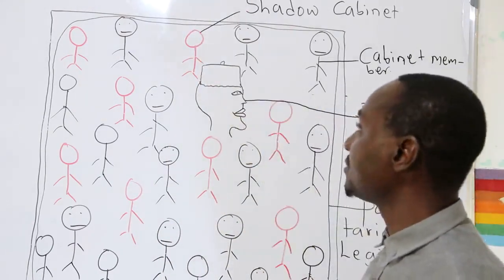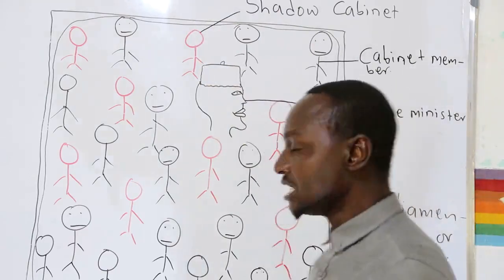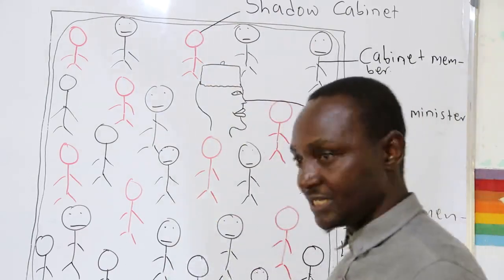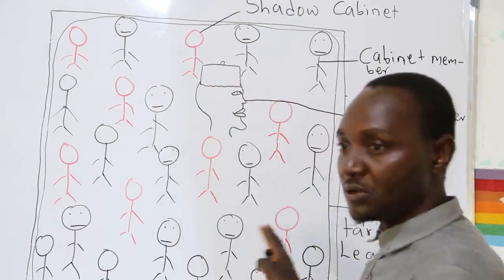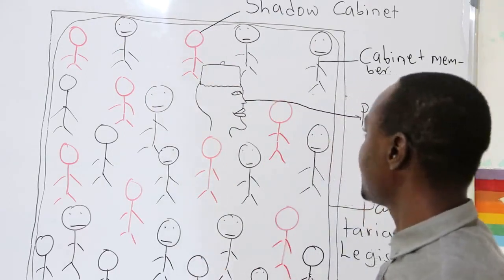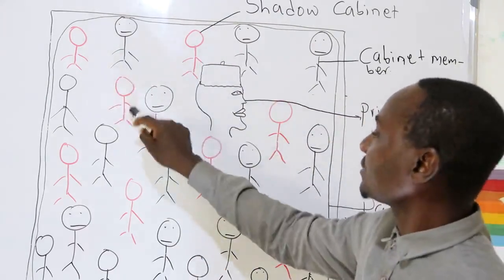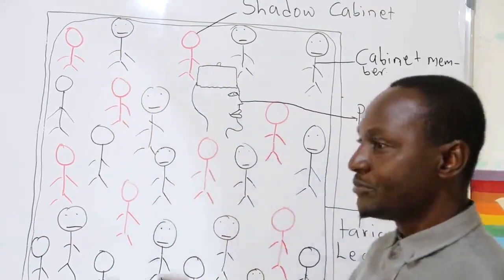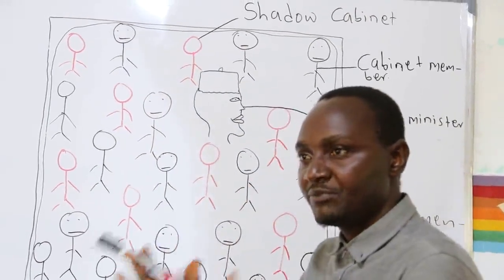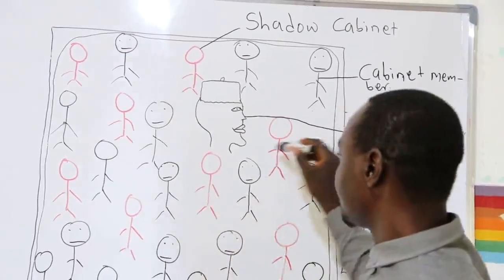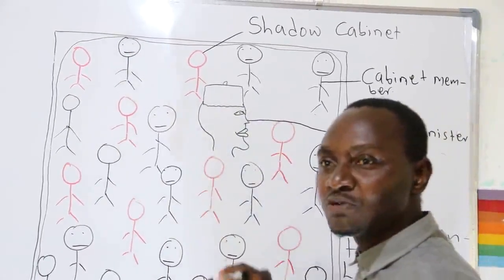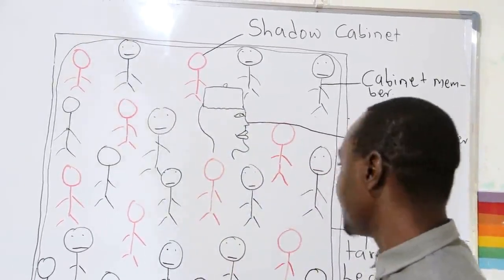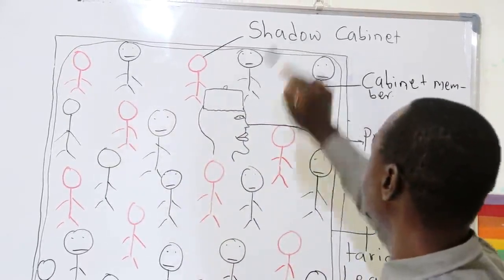But since then, we've not practiced parliamentary system of government. But I just use the National Assembly to help us explain what the parliamentary system of government is. So these ones could be from different political parties, but they could come together so that they can checkmate the excesses of the political party with the highest number of votes that are actually controlling the government. Alright, that's the shadow cabinet for you.